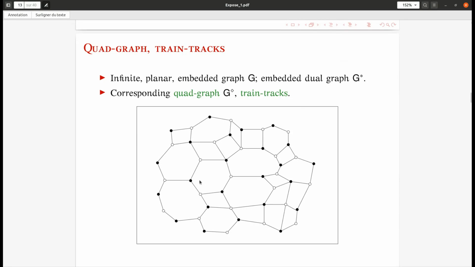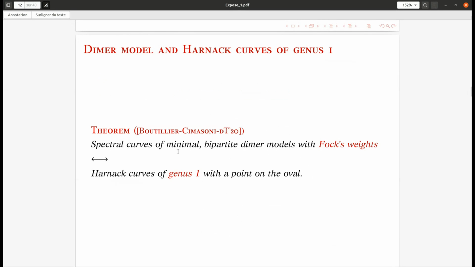Okay, so now I will tell you more specifically what are minimal graphs and then Fock's weights. So my point now is to go more into detail into this result and what goes around it. And so I will now have to tell you what are minimal graphs and also what are Fock's weights, which is a specific family of weight functions.